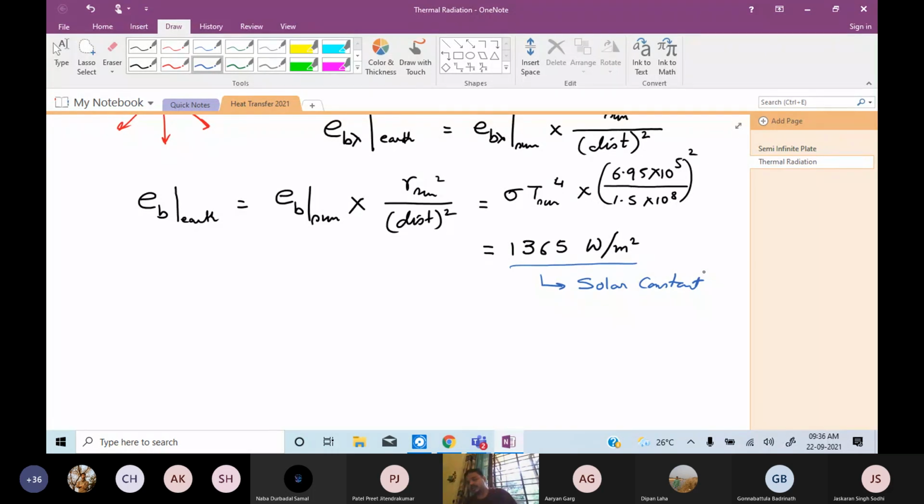It gives you an idea of the maximum amount of solar energy that can fall on a 1 meter square. What is 1 meter square? That's nothing, right? It's like 3 feet by 3 feet. 1 meter by 1 meter, slightly more, is 1.36 kilowatts.